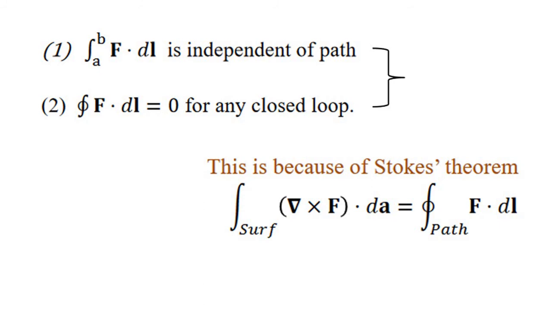We have Stokes theorem, that is surface integral of del cross F dot dA equal to closed line integral of F dot dl. ഈ del cross F equal to 0 means closed integral of F dot dl equal to 0. Closed integral of F dot dl equal to 0 for any closed path means integral a to b F dot dl is independent of path. ഇതാണ് നമുക്ക് അതിൽ നിന്ന് മനസ്സിലാകുന്ന കാര്യം.